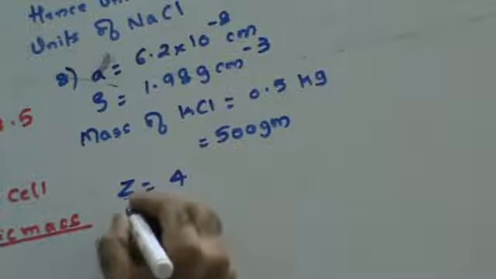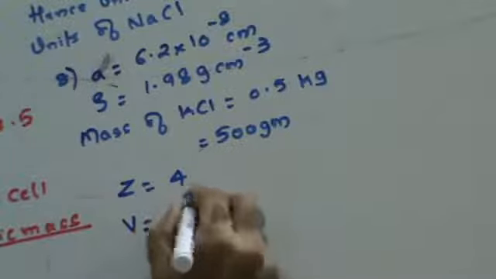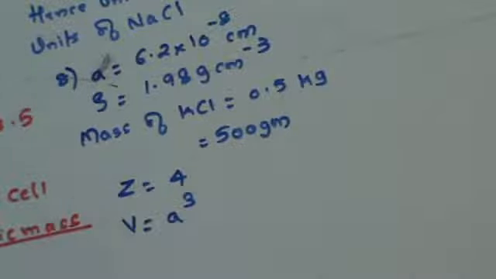Now, let's try to get as much information as possible. Edge of the cube is given, so I can find out volume. Volume is going to be nothing but a cube, right? What have they asked you to find out? Calculate the number of potassium ions.